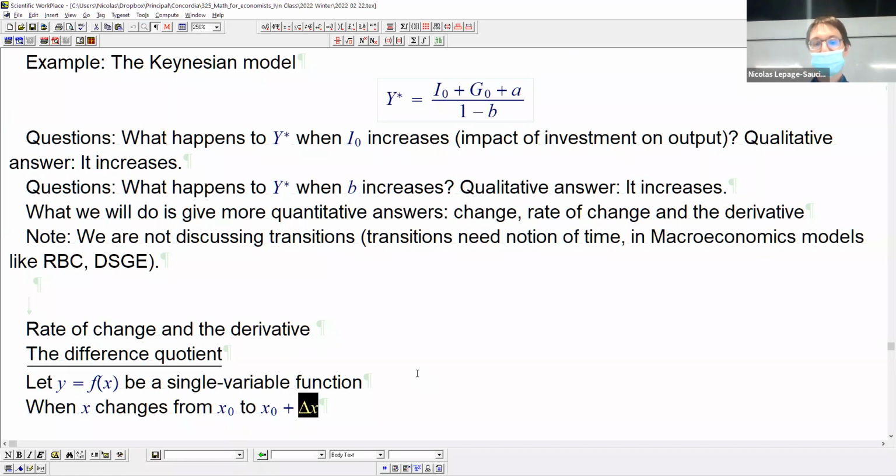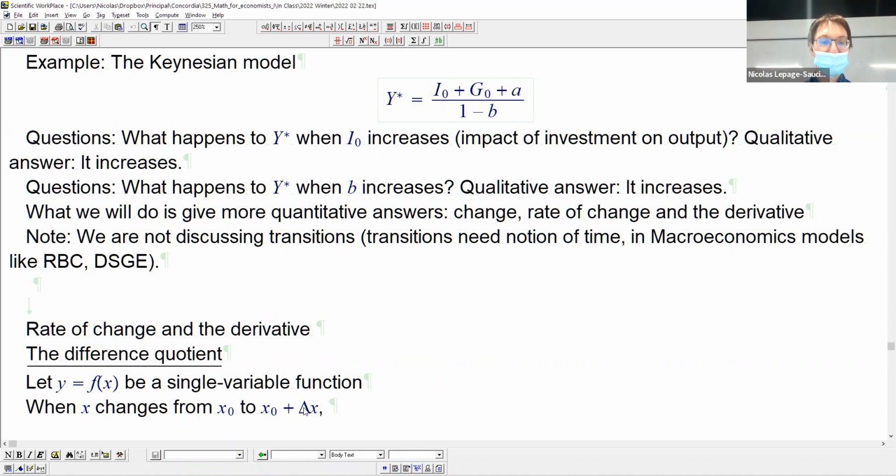I could say it's x1 and define all my stuff in terms of x0 and x1. Here I'm going to introduce this delta x, this change in x, which is quite nice actually. I like the notation it brings. Some of you may have seen the derivative in different ways, and that's all good.